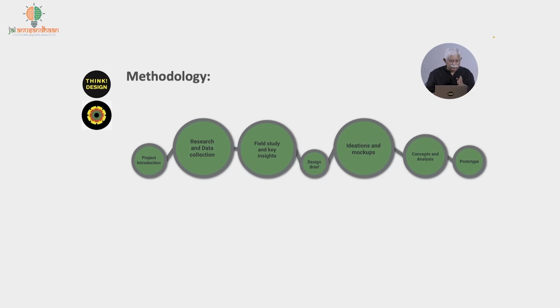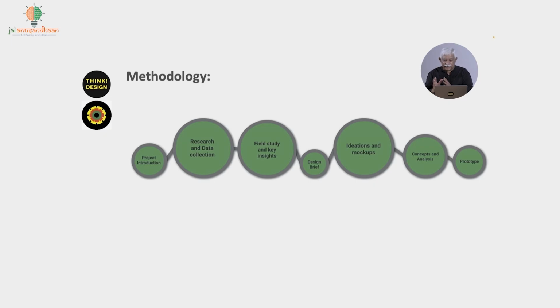Okay, first phase is of course the initial research and collection of data, the existing data as well as field studies. Okay, and the key inferences from this field study followed by reframing the problem statement which we called as design brief here.